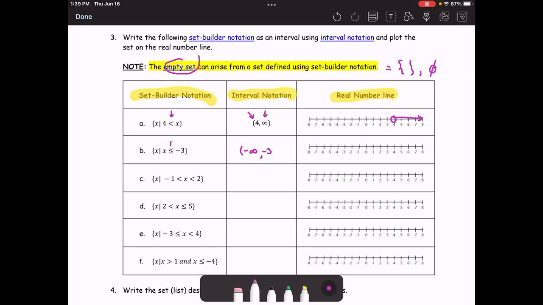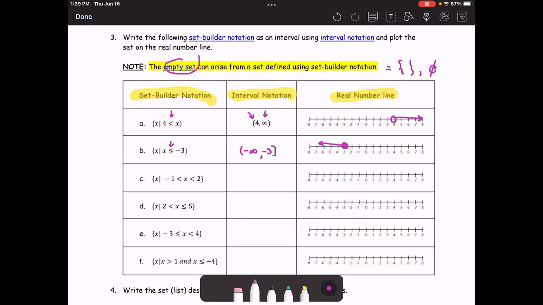We have the less than or equal to, so we're going to include the value negative 3. And then locate the value negative 3 on the real number line using the solid circle. Draw the line to the left of negative 3.